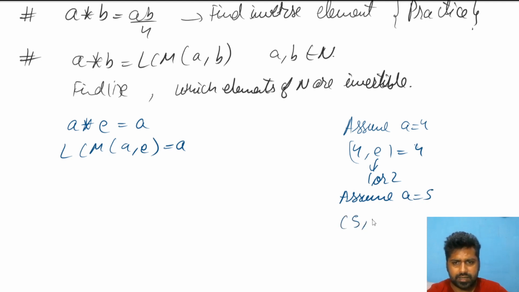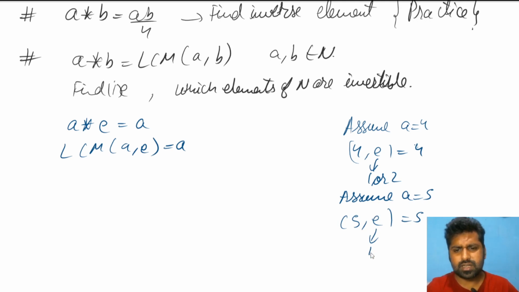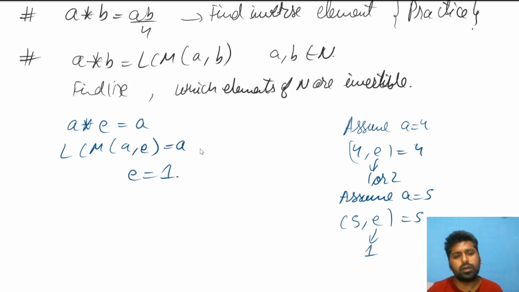So 5 and e, we are supposed to get the LCM as 5 only, so what should this be? 1. This one suggests only 1, so definitely I can say e is 1, because if e is 1, the LCM of a and e will always be a. Now a can be anything, 4, 5, 11, 12, anything. As long as e is 1, the LCM of them will be the number itself.